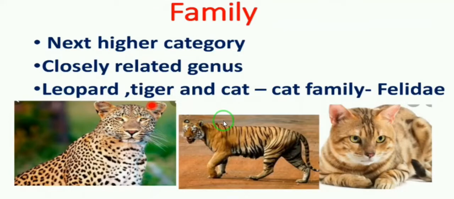They have some common characters, because of that they belong to the cat family, Felidae. The name of the cat family is Felidae. So family is the higher category. Got it, children?